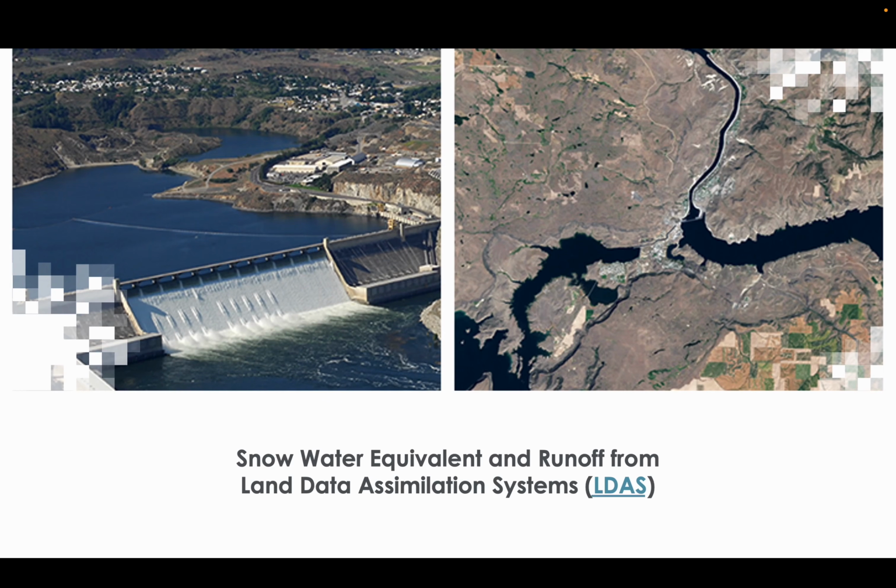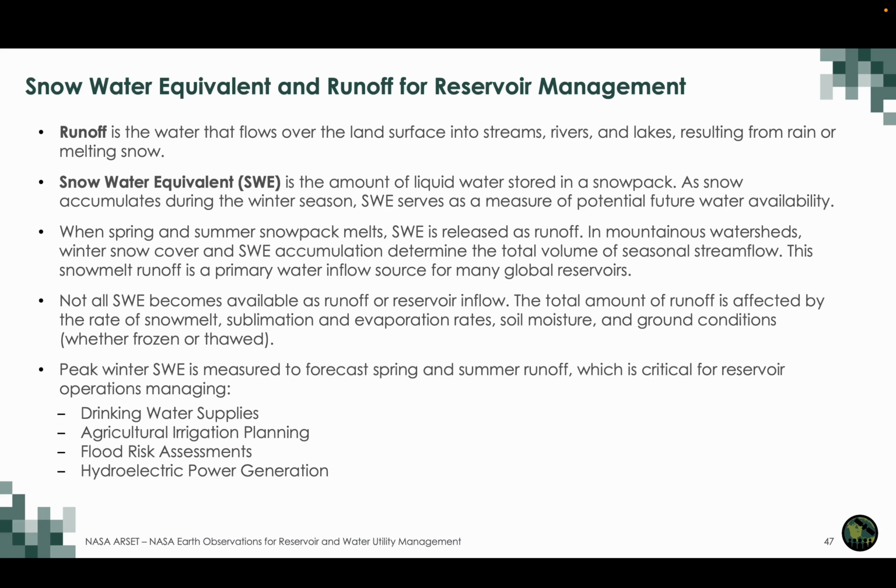Next, we are going to look at additional watershed parameters, specifically snow water equivalent and runoff derived from NASA's Land Data Assimilation Systems, or LDAS. Runoff is the water that flows over the land surface into streams, rivers, and reservoirs as a result of rain or melting snow.